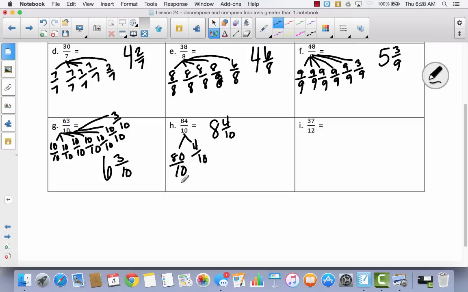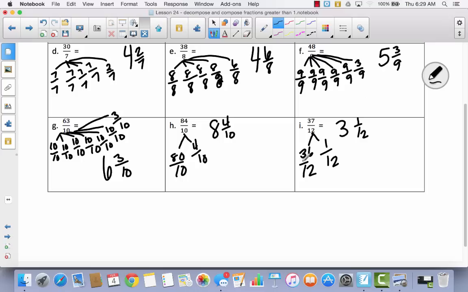If this is more confusing, you could always use this strategy, but if you can divide, you can do this pretty easily. Like when I do 12ths, I know 12 times 3 is 36, so I could do 36 twelfths, and that leaves 1 twelfth left over. So this would be 3 and 1 twelfth.